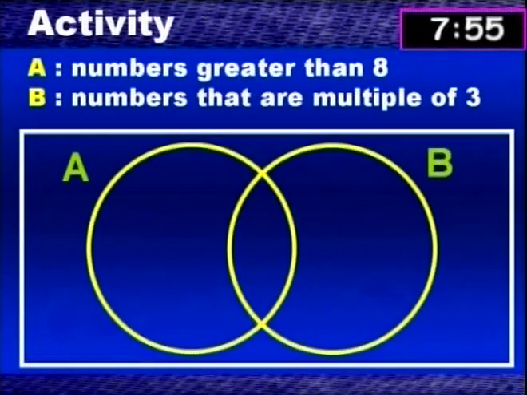You see, subset A are numbers greater than 8. Subset B, multiples of 3. Different subsets. Within those two subsets, there are common numbers. In this case, there are some numbers between 1 and 20 greater than 8, but they might be multiples of 3.